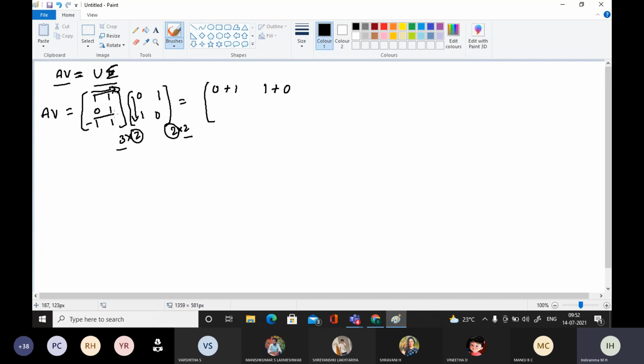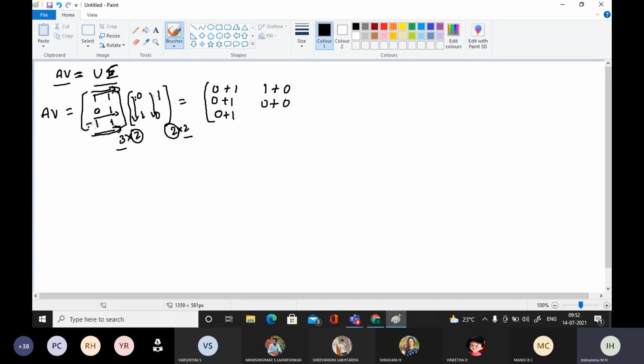Next, second row, first column: 0 into 0 is 0 plus 1 into 1 is 1. Second row, second column: 1 into 0 is 0 plus 1 into 0 is 0. Third row, first column: minus 1 into 0 is 0 plus 1 into 1 is 1.